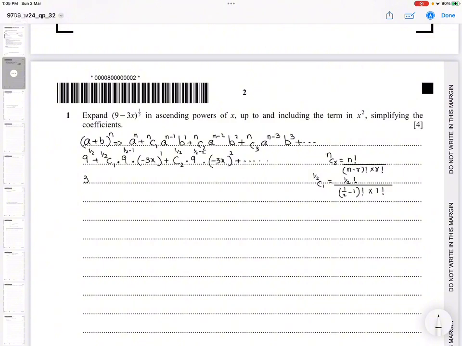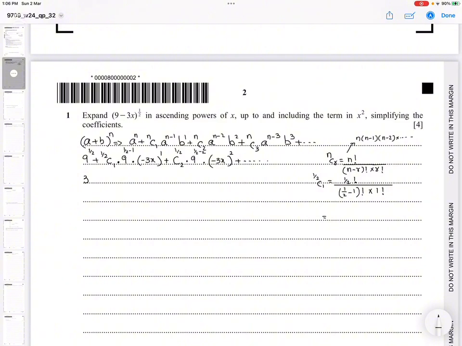Okay, the factorial of 1 over 2, let me show you how you write n factorial. N factorial means n times n minus 1, n minus 2, n minus 3, and so on like this. You have to subtract one from each n.